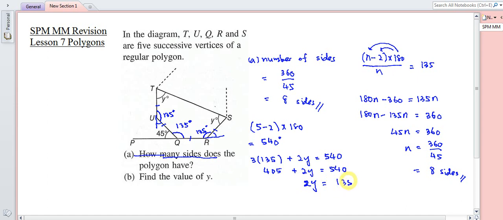You will get 135. Let me check that again. Yes, 135. So 2y equals 135, so y will be 135 divided by 2, which is equal to 67.5. Okay, done with this question. Actually, not that difficult, right? Okay, so let's go to the second question.